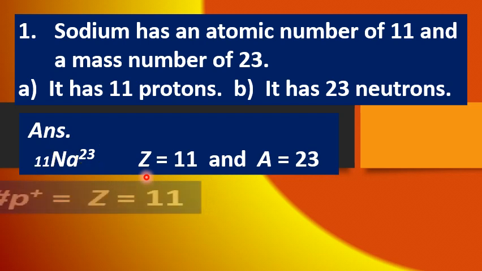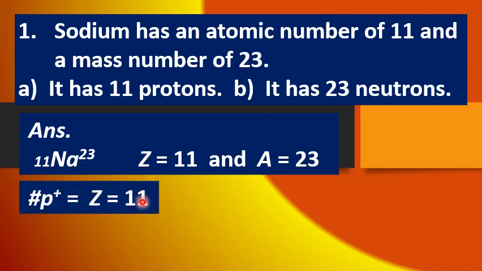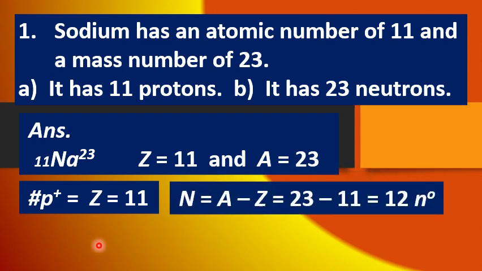Now, since the number of protons is 11, we say that the number of neutrons, capital N, is just capital A minus capital Z, or the mass number minus the atomic number, which is 23 minus 11, so that gives us 12 as the number of neutrons of the sodium atom.